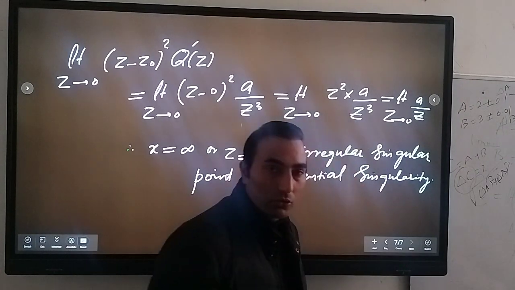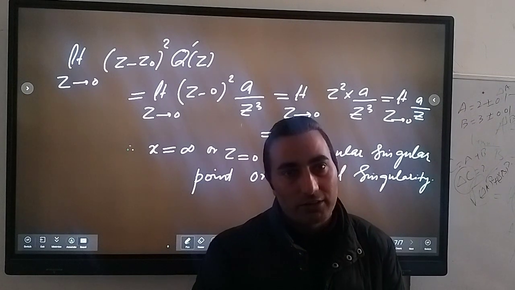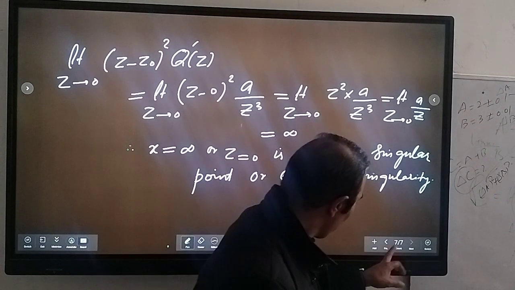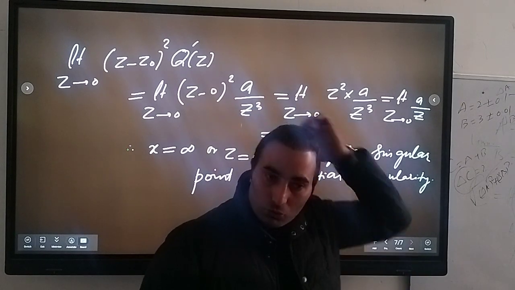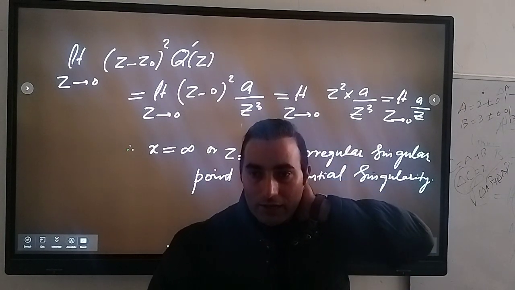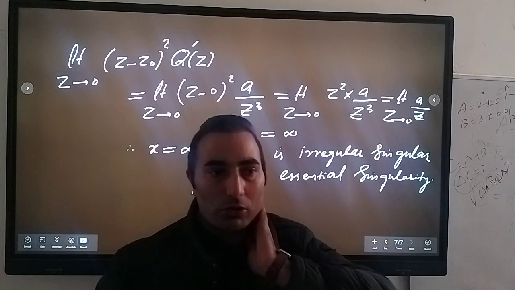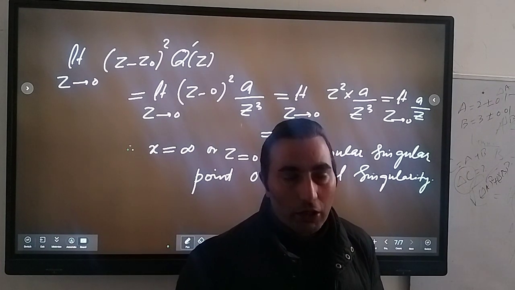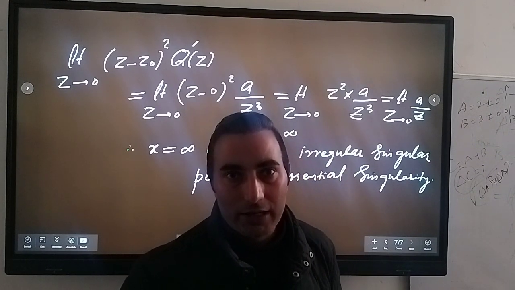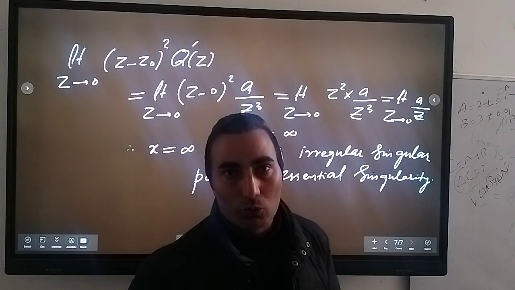So I will call this an irregular singular point, or we can say that it's called essential singularity, right? Because we cannot remove that. Because that's what we need in our topic. Because if you remember, our equation we need to check that it has that regular singular point at x equal to 0. So we have checked that, and similarly it has that irregular singular point or that essential singularity at x equal to infinity or z equal to 0, right?